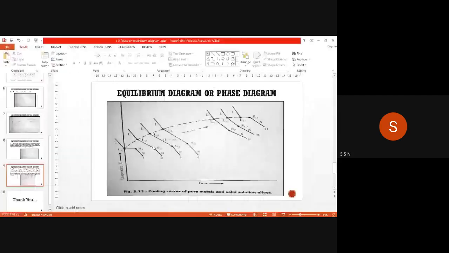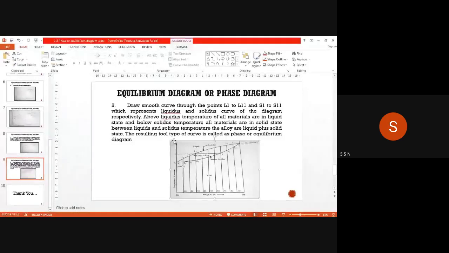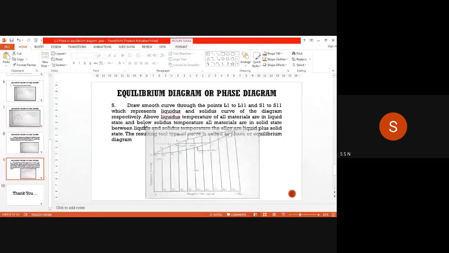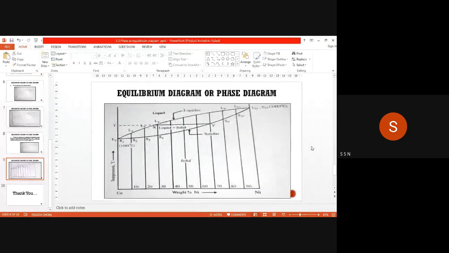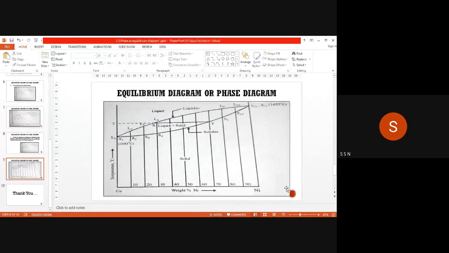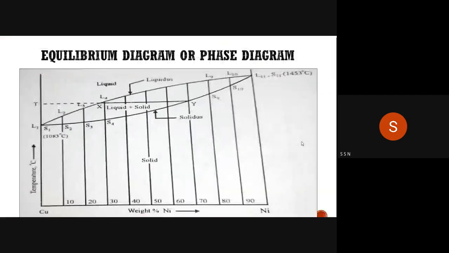If I join all these by a smooth curve, then this will prepare my phase diagram. That means whatever upper curve you are observing from L1, L2, L3, L4, L5, L6 to L11, that is the liquid phase of your alloy.